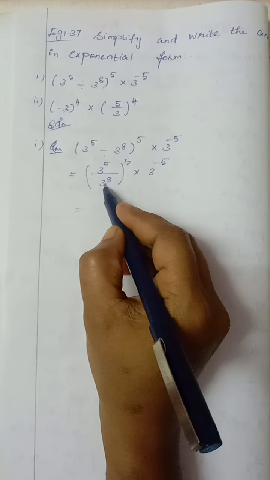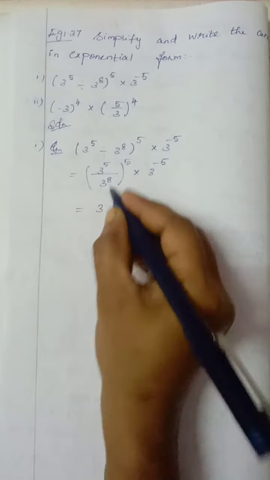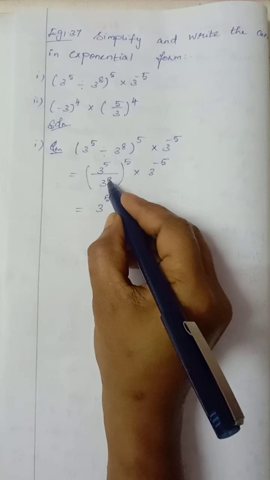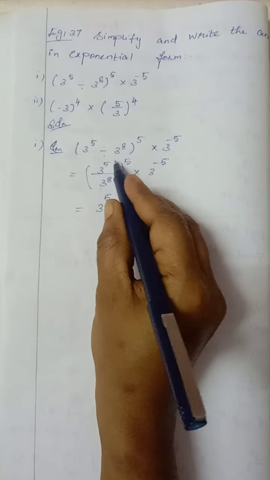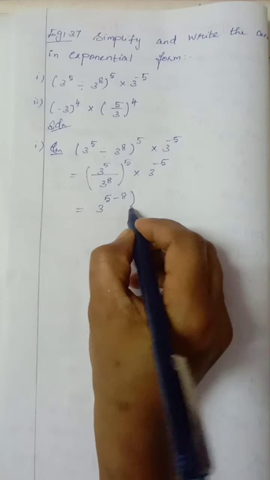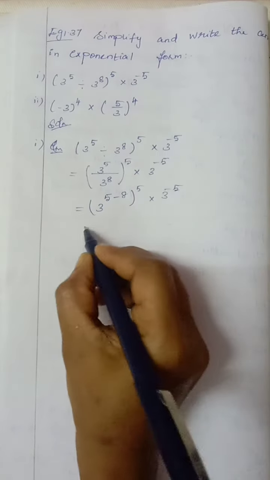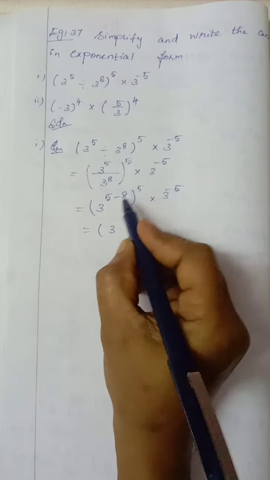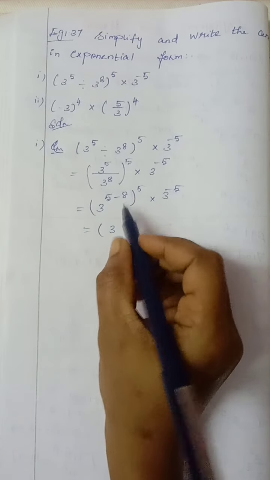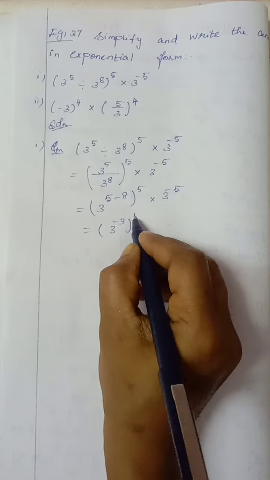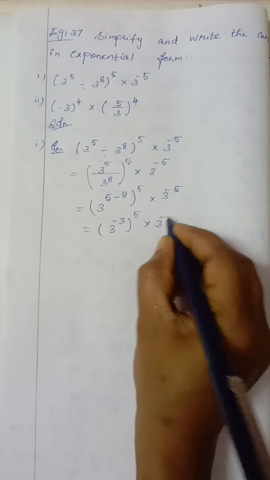A power m divided by a power n is equal to a power (m minus n). So 5 minus 8, that is minus 3, the whole power 5, into 3^(-5). So we get (3^(-3)) the whole power 5 into 3^(-5).